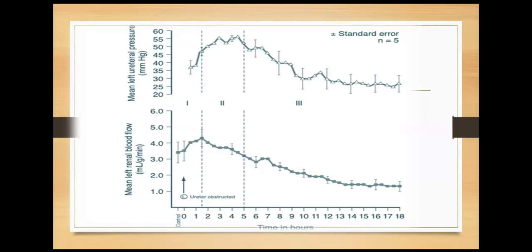Then at about 5 hours or so, you again get endothelin being your potent one. You get vasoconstriction now of your afferent arteriole, and hence at the third phase of unilateral ureteric obstruction, you tend to get a decrease both in left ureteral pressures and in renal blood flow.